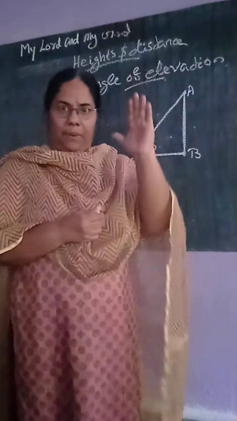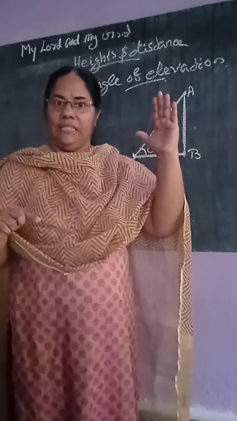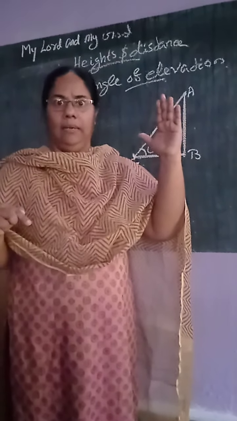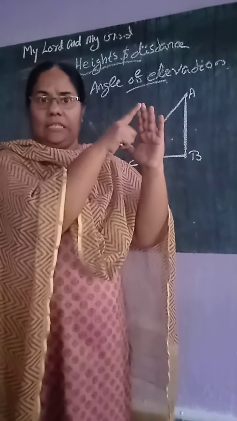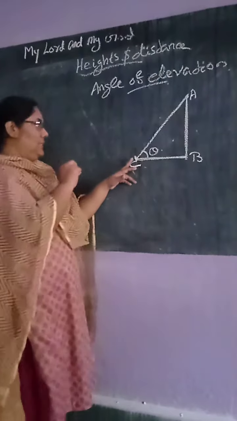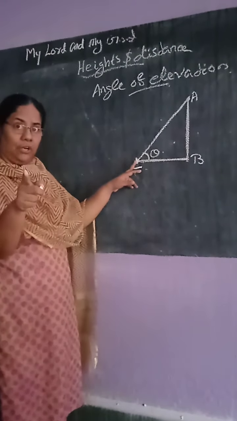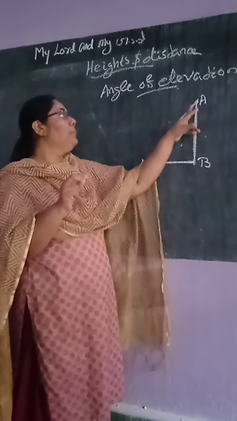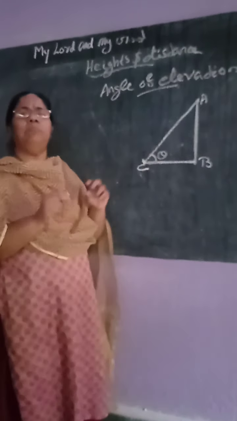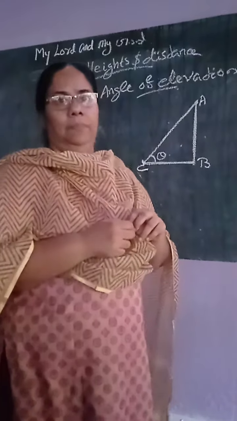Listen. AB is the pillar. A man is standing somewhere on the level ground. Then the man looks at the top of the tower. Then C is the position of the man and A is an object, or there is some light there.